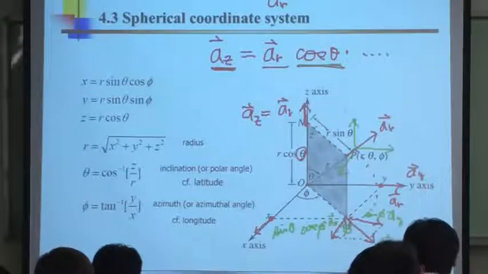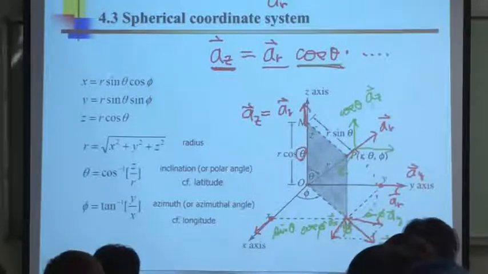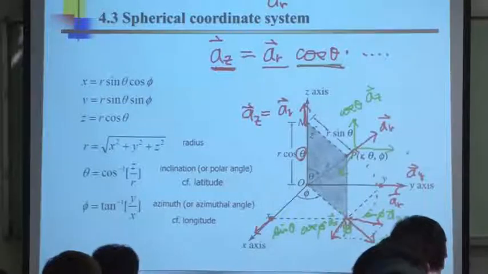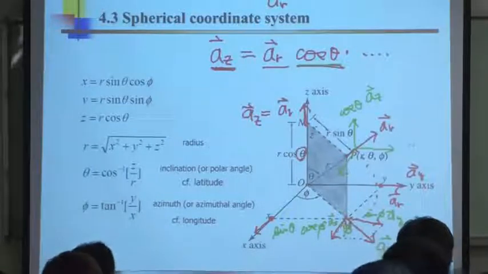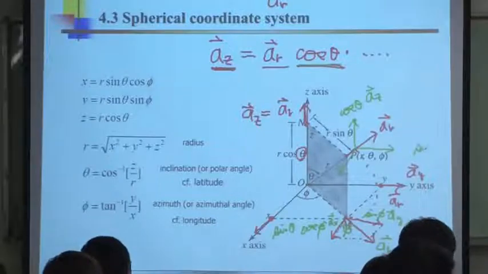So the g component must be cosine theta, and the direction is AG direction because it is parallel to the g-axis. In this case, instead of the cosine, it must be changed by the sine theta.